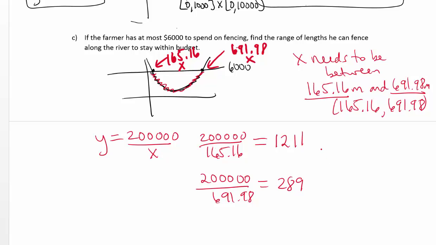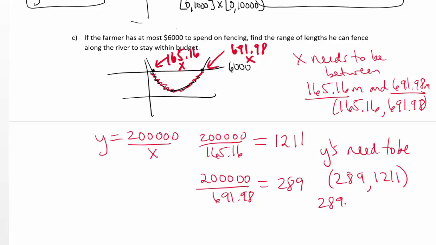So the y's would need to be about 1,000. Whoops, I better put this in the different order, right? We want to put the smaller number first on the left and the larger number on the right. So I don't want to start with the bigger number. So I'm going to start with the 289 up to 1,211. So between 289 meters to 1,211 meters.